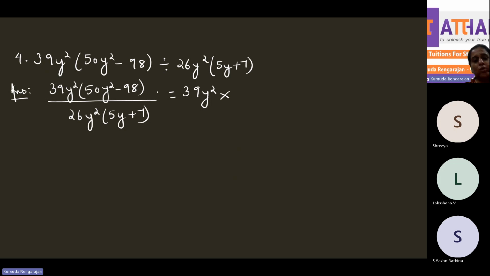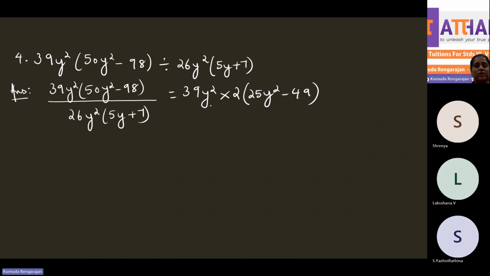In an expression, whenever there is something common, now this expression has two terms, 50y square and 98. Now 2 is common to both these terms, or 2 is the HCF of these two terms. So bring out that common factor. Take out 2. So in the bracket, you would have 25y square minus 49.